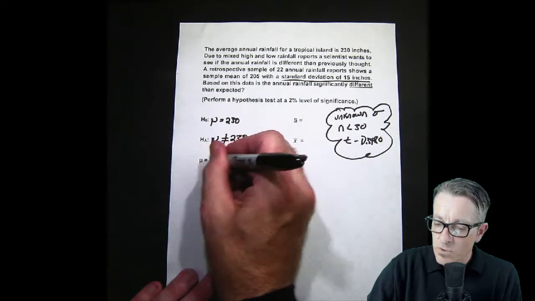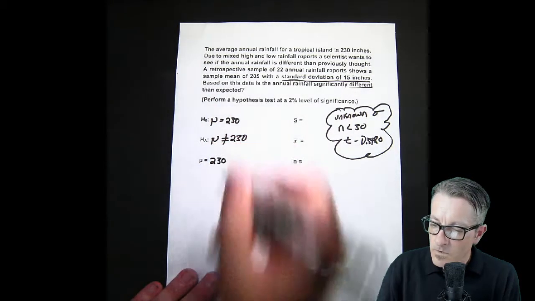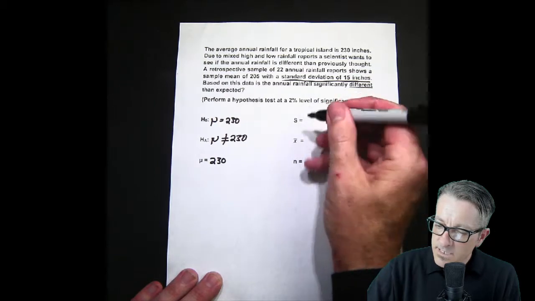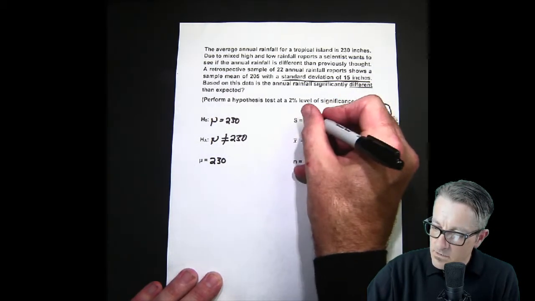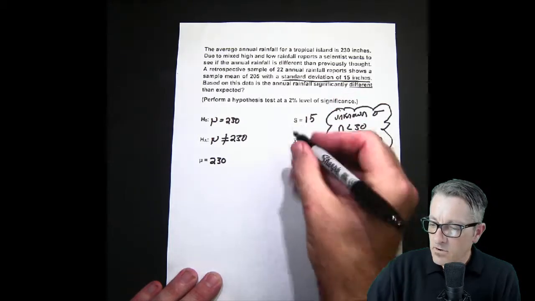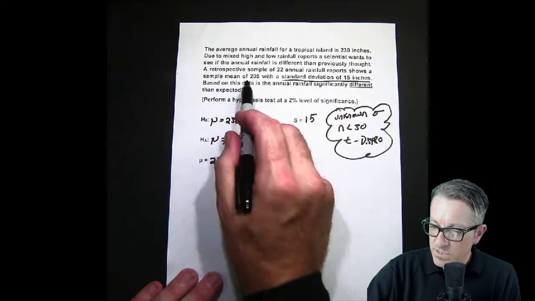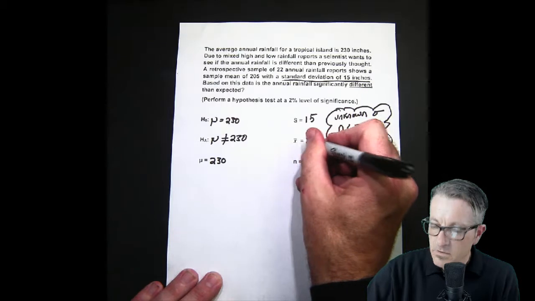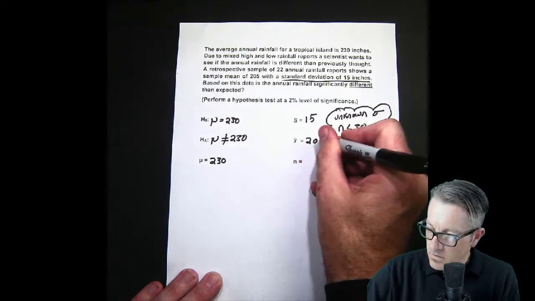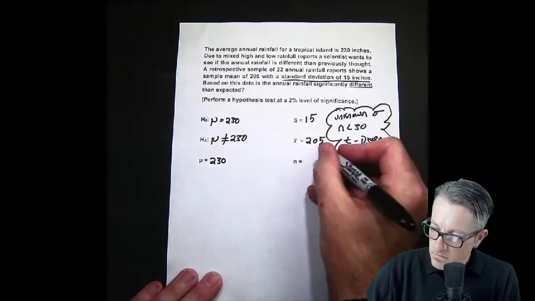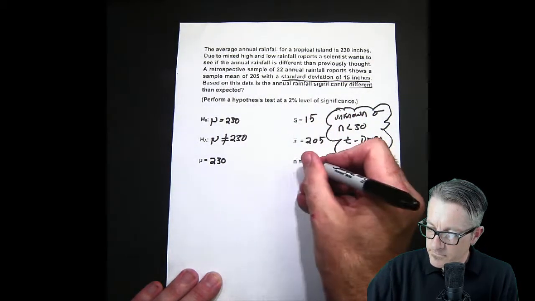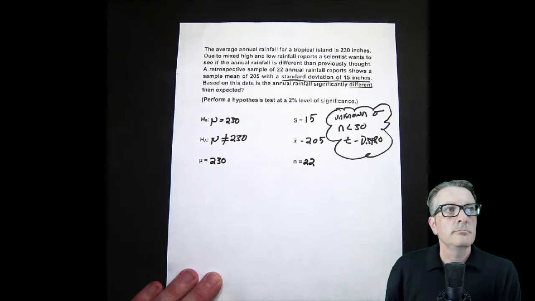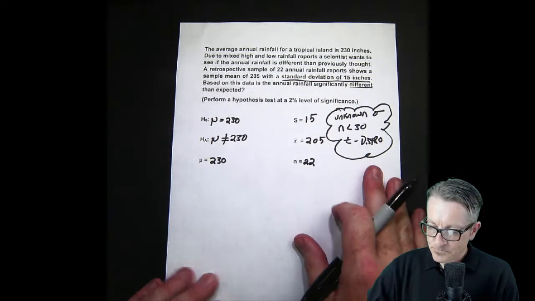And then mu is 230. And then our sample standard deviation is 15. And our x bar, which is our sample mean, is 205. And our n is 22. Okay, we have our data listed here.